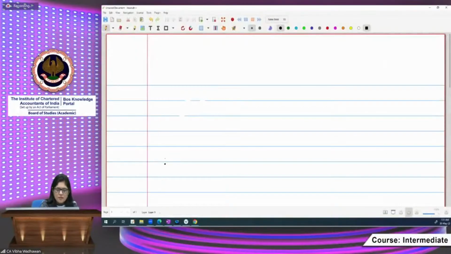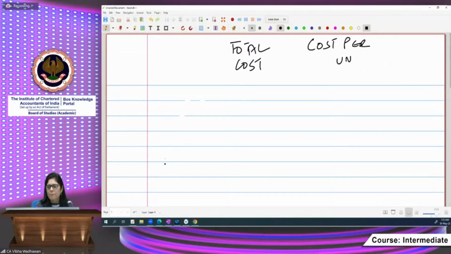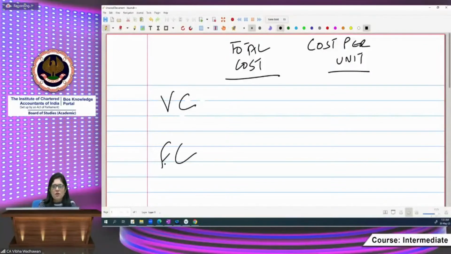I'm just making it over here: total cost and cost per unit. Variable cost and fixed cost. Variable cost, total cost always changes. Total variable cost always changes with the output. You change the output, the total variable cost changes.